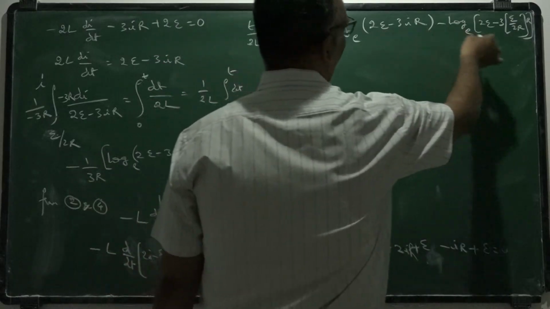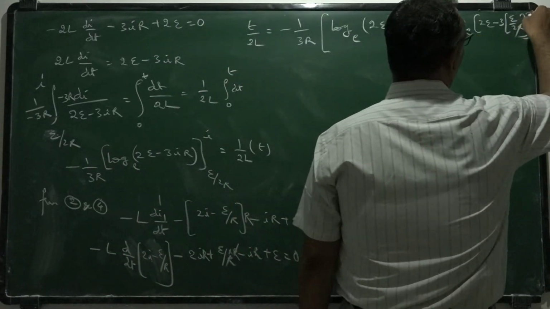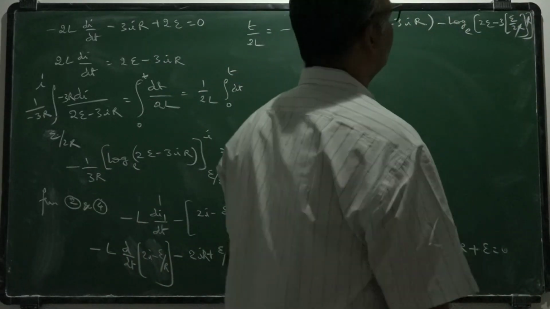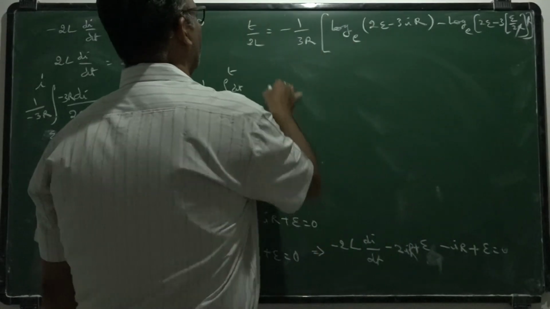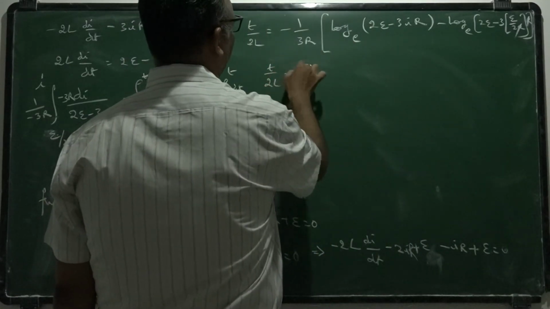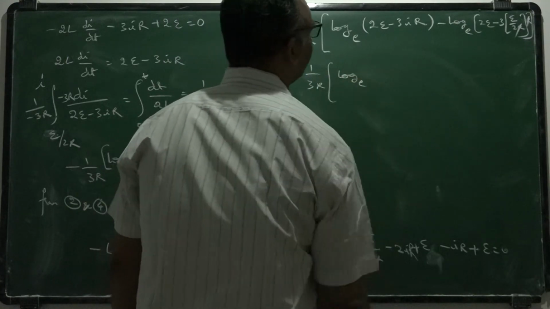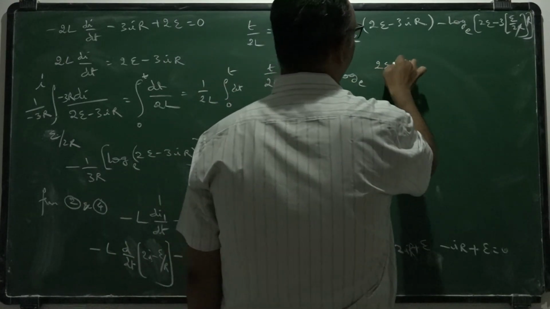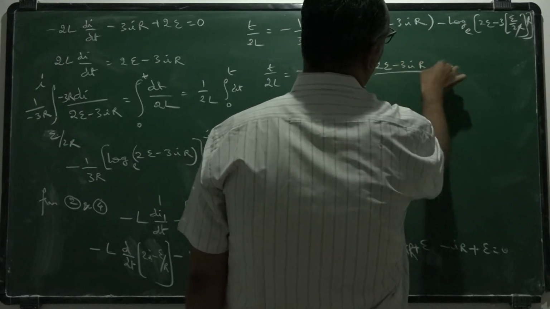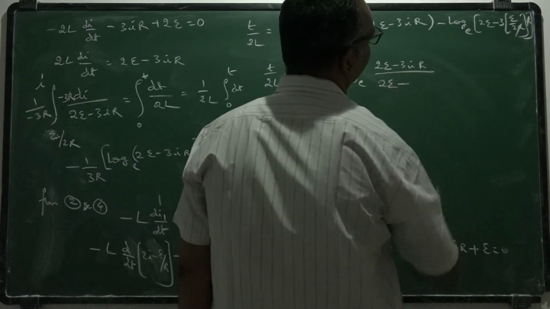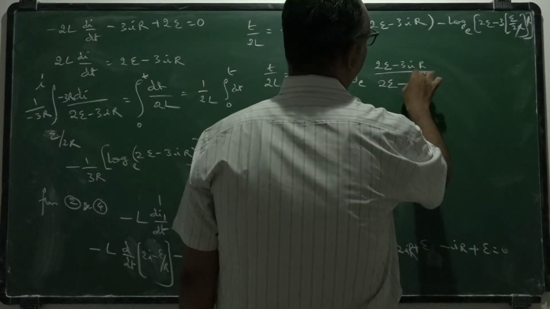It is in the form of log A minus log B. Here R gets cancelled, so you will get log A by B. So t by 2L is equal to minus 1 by 3R into log to the base e of 2E minus 3IR by 2E minus 3 by 2E.